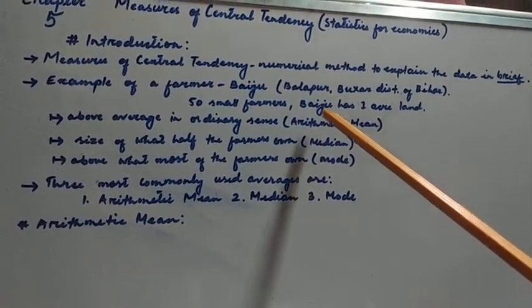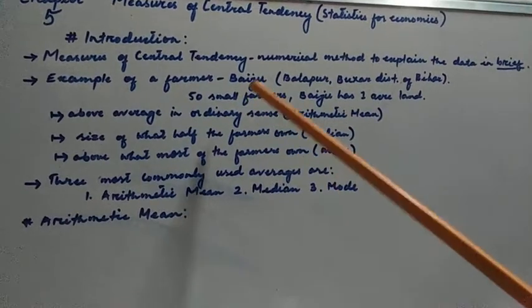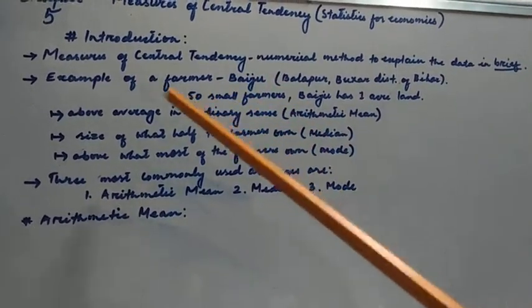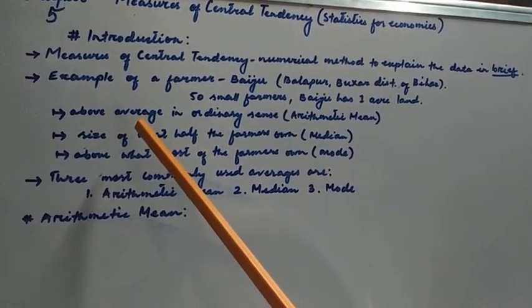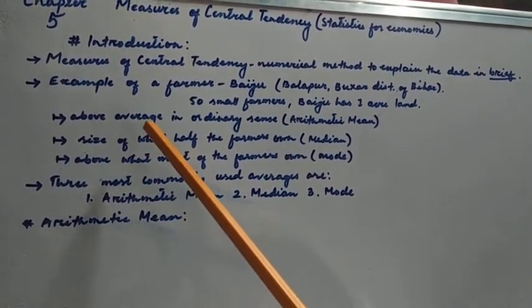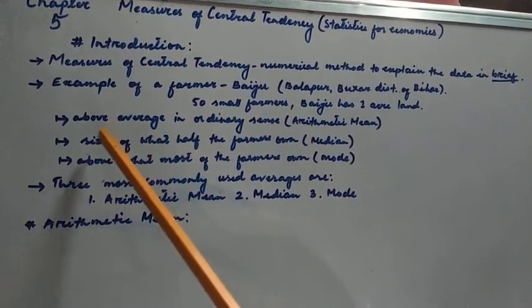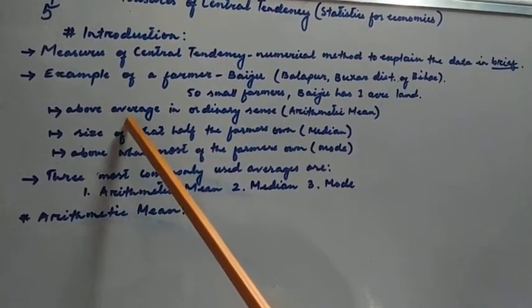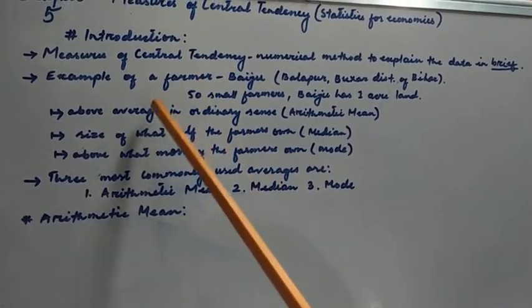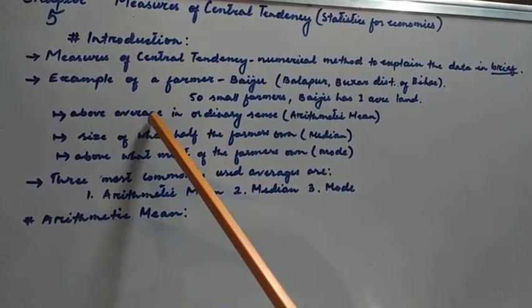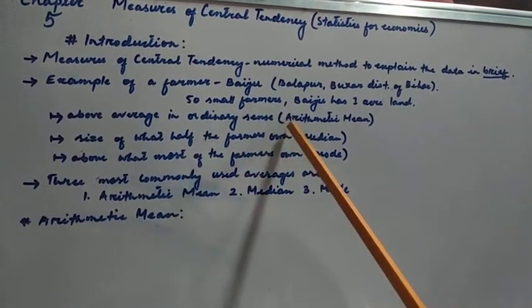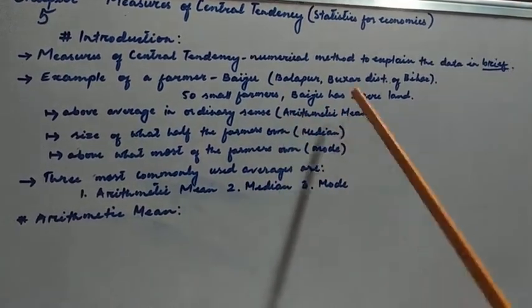So as mentioned in the example, if you want to compare the economic condition of Baizu with the other small farmers, you may like to see whether what Baizu owns is above average in ordinary sense. That is, you want to see the arithmetic mean.